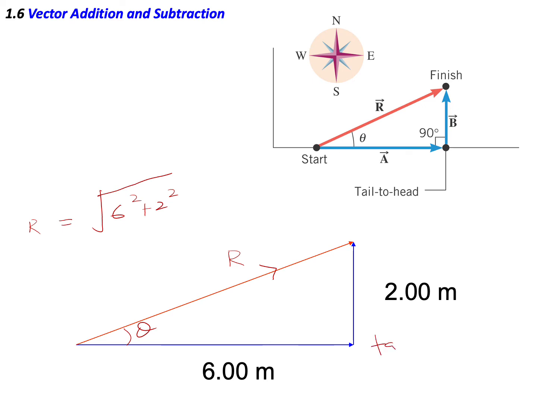If you use tan of theta, which is opposite over adjacent, 2 divided by 6, then inverse tan of 2 over 6 is the angle. So now you have the magnitude using Pythagorean, and also the direction using these trigonometric relationships, and then you have the resultant vector.